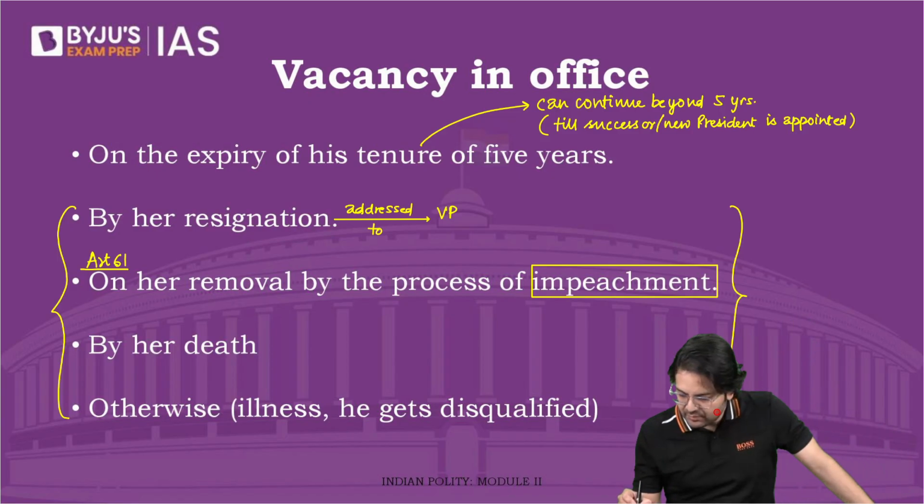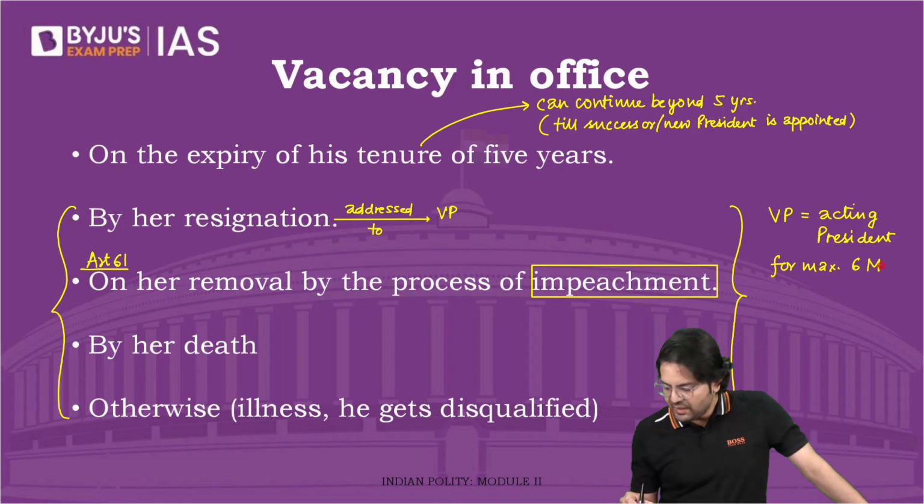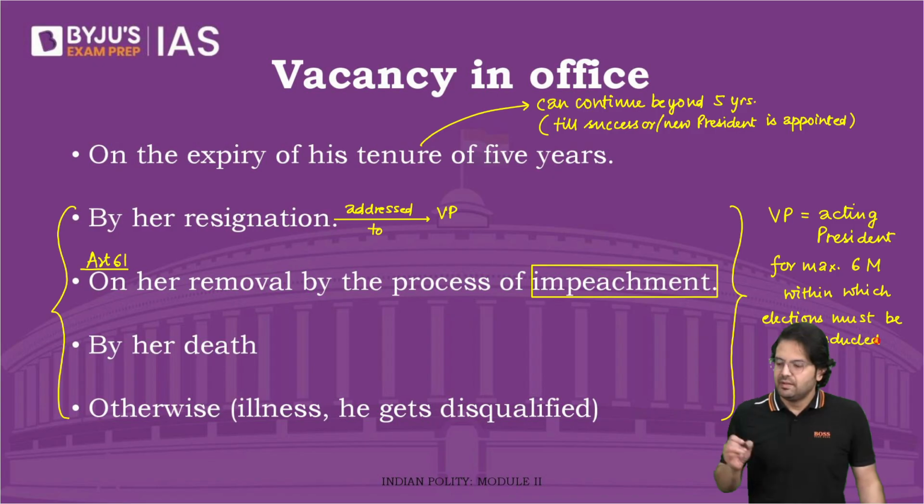So, vice president becomes the acting president for maximum 6 months. That's it. Within which elections must be conducted. Clear? This is the process.